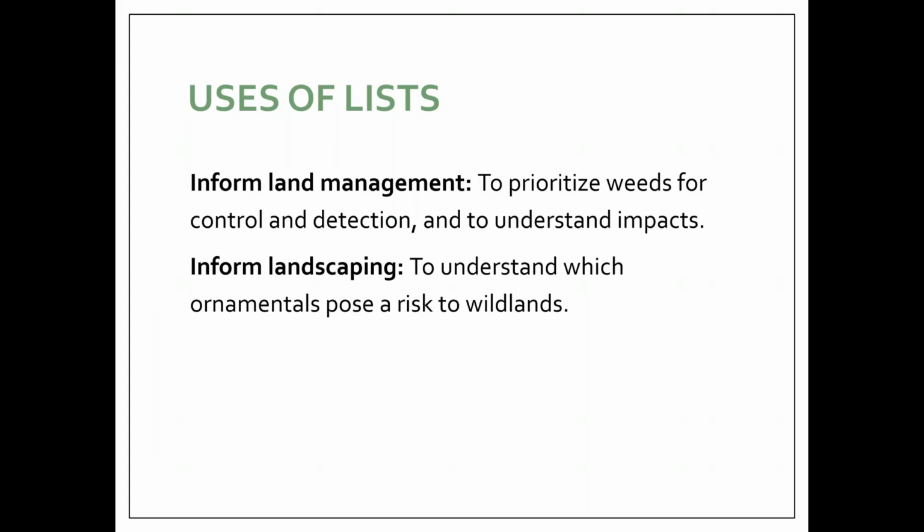And secondarily, to inform landscaping. So we want to prevent invasive plants from coming in. Horticulture is one of the main pathways. And so to inform our regulations or just our voluntary guidelines about what is safe to use in landscaping.